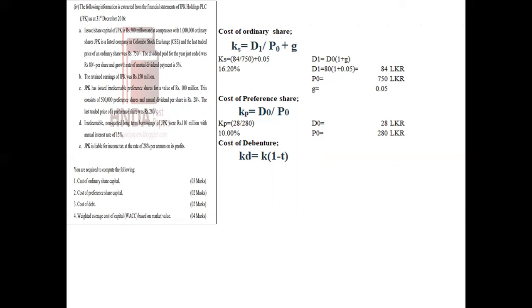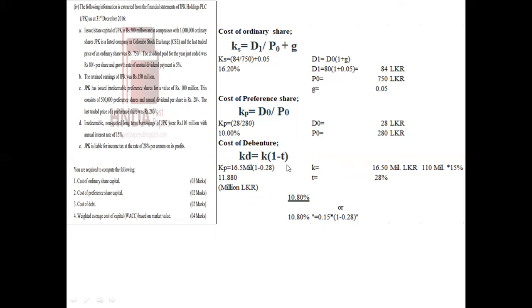Okay, then what we need to do here, let's say I have adopted mainly two ways. One thing is, as the interest rate is 15%, the normal equation is Kd = Ki(1 - t). Why are we using 1 minus t here?